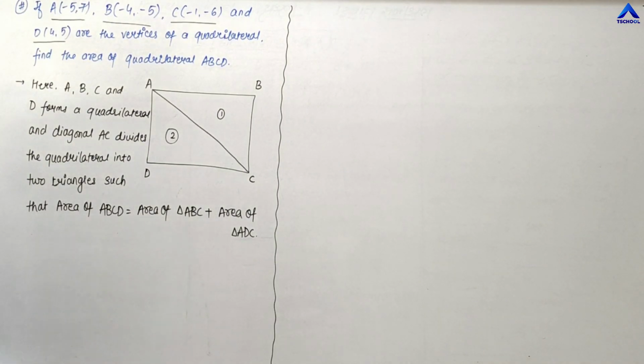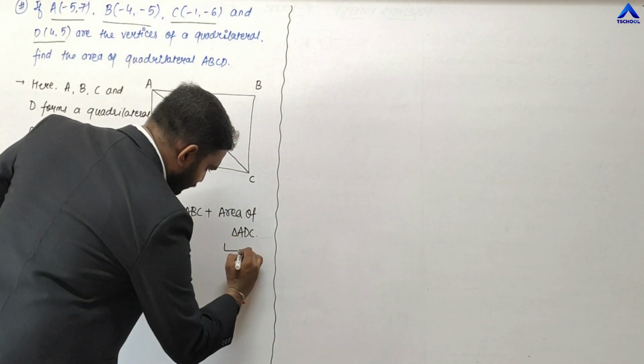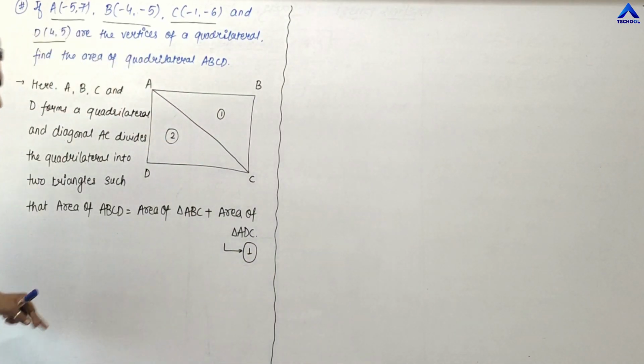Right? So that is our equation number 1. That area of quadrilateral ABCD equals area of triangle ABC plus area of triangle ADC.